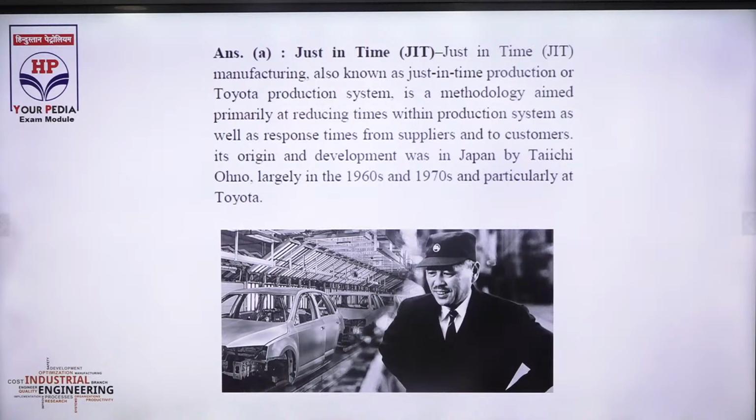It is also called just-in-time production or the Toyota production system, and it is used to reduce the time within the production system and the response time from supplier to customer. Toyota manufacturing system, Taichi Ono.